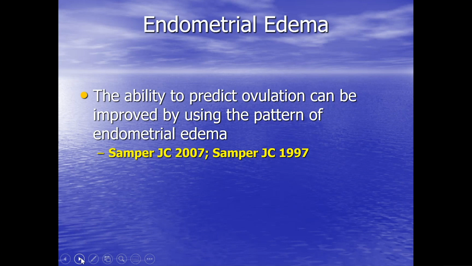And as the mare moved through the follicular phase, the endometrial edema score would rise to a peak a day or so ahead of ovulation, and then begin to decrease. That was really the subject of the '97 paper, which many of you will be familiar with.